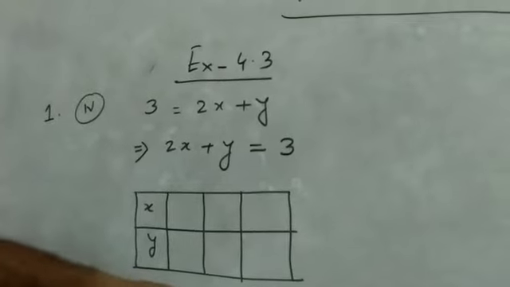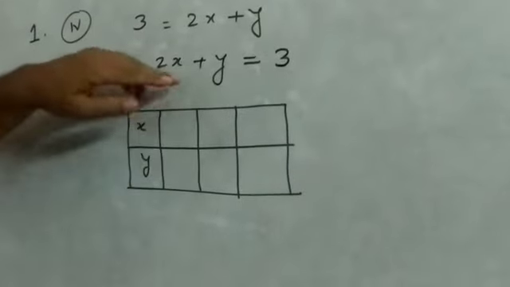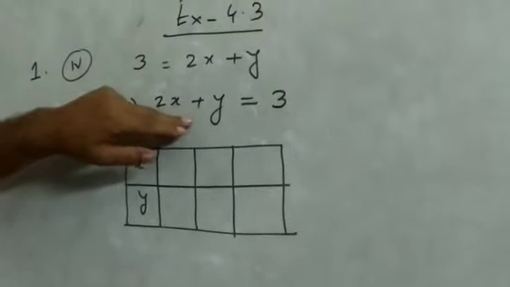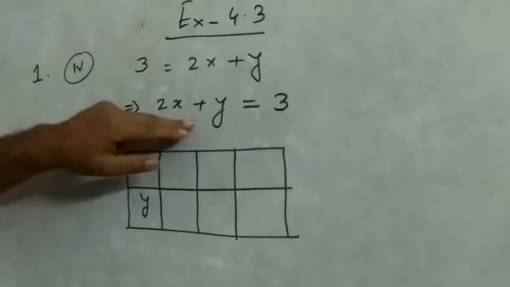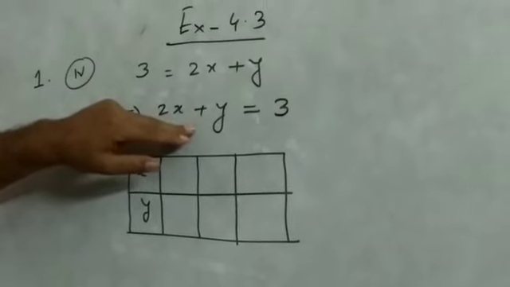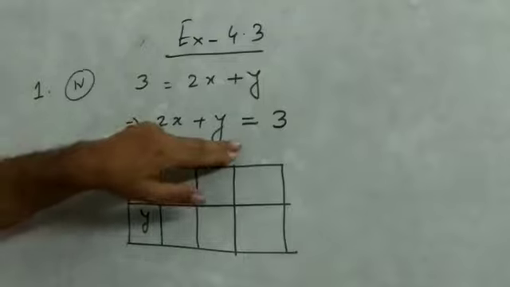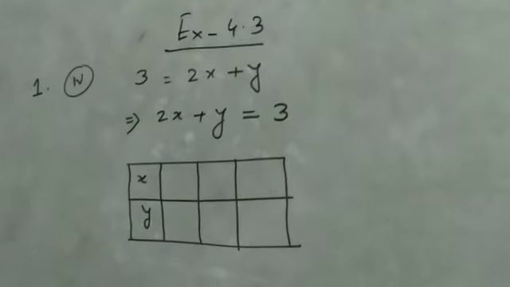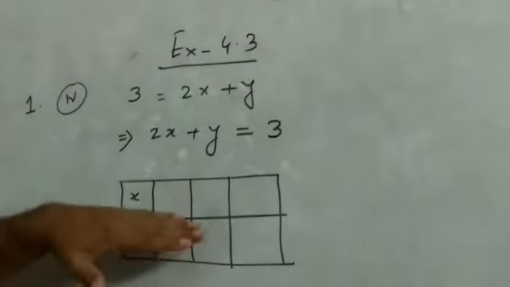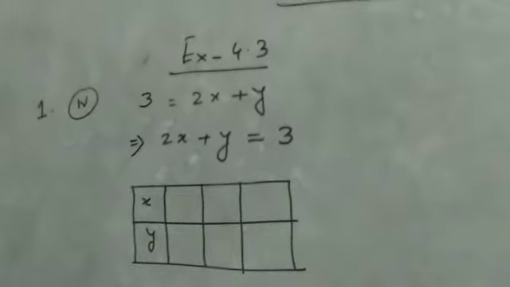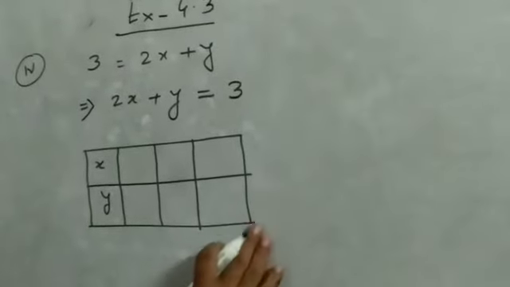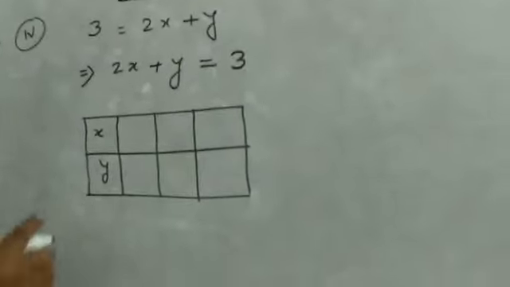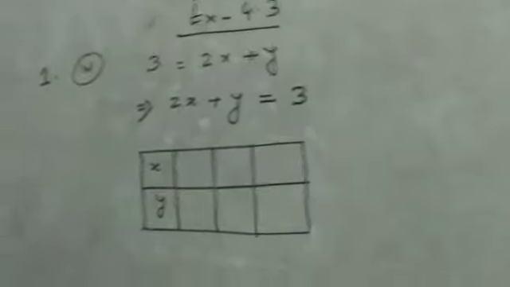But when you draw the graph, as far as possible you should find integer numbers. Because if the solution is a decimal, it will be difficult to plot in the graph copy, and if it is a fraction, then also it will be difficult. So as far as possible take integer solutions, then we can plot the points easily. And try to find easy solutions.